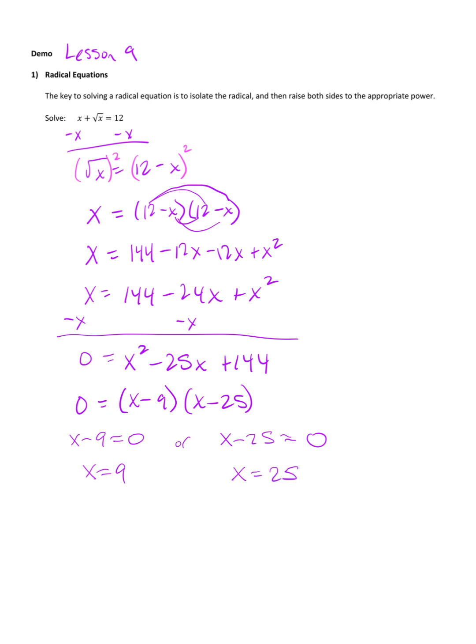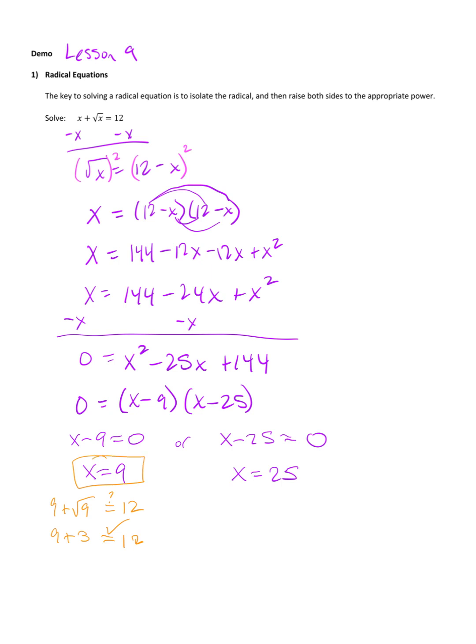And then, especially with radical equations, you really need to check the solution because sometimes you get what's called an extraneous solution. So let's see, I'm going to have 9 plus root 9. Does that equal 12? So that's 9 plus 3 equals 12. That is true. So 9 is a solution.